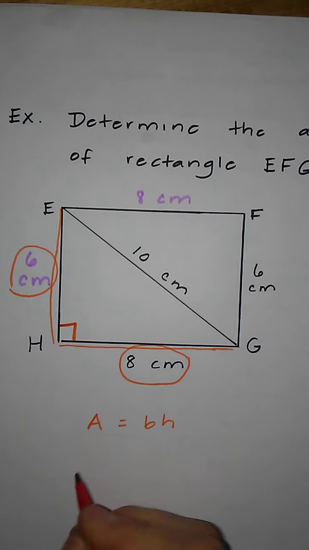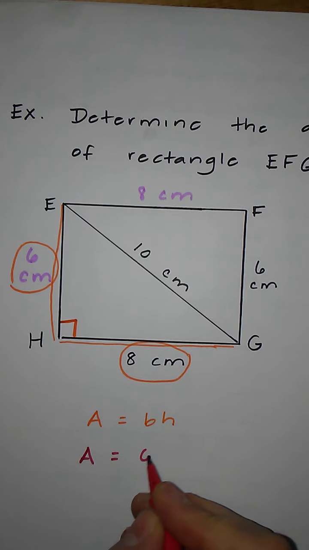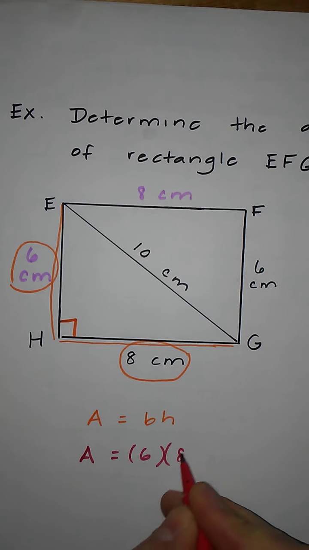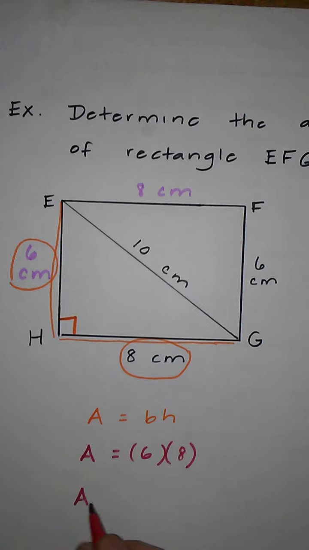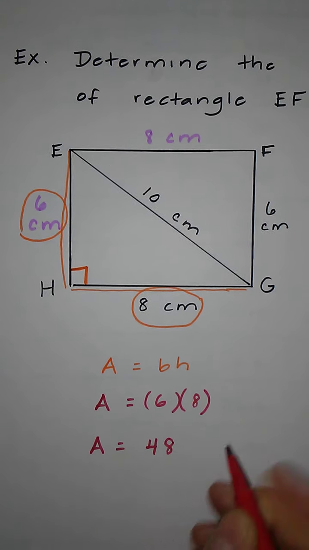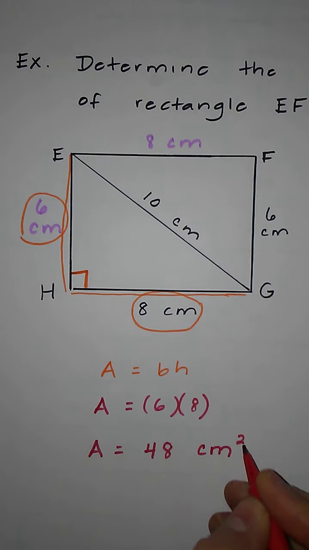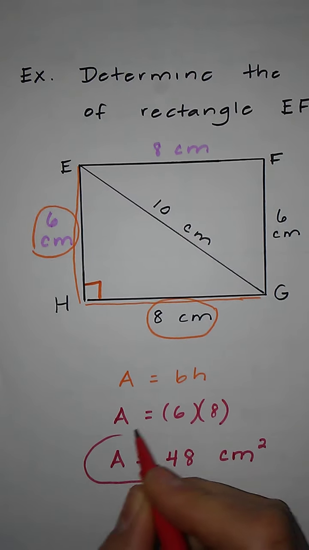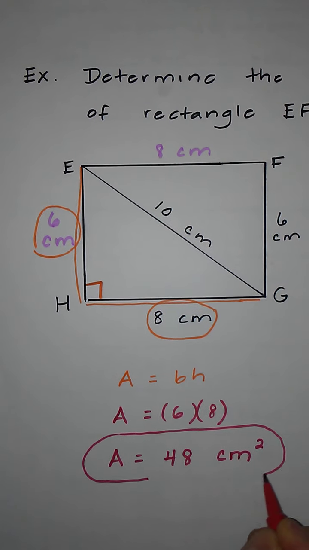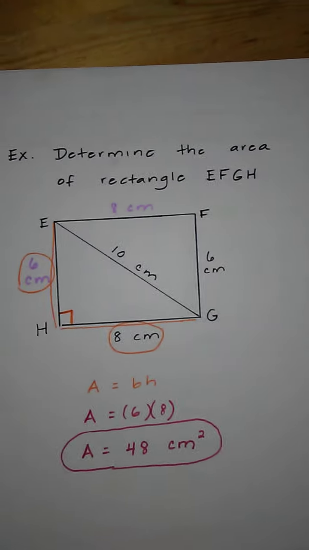Switch to red, it's a little bit darker. So 6 times 8 is 48. And this is also centimeters squared. Pulling up so you can see all of this.